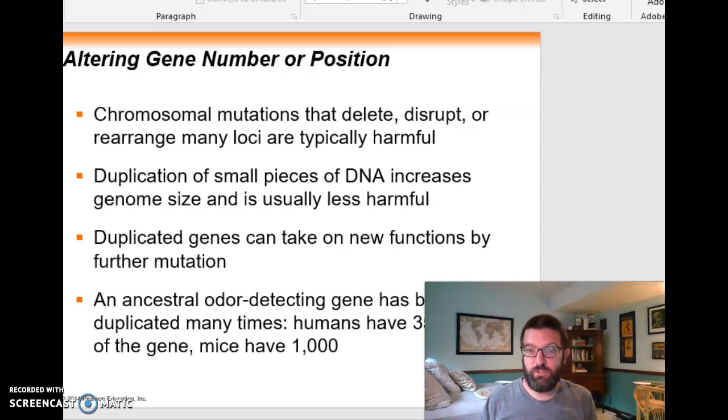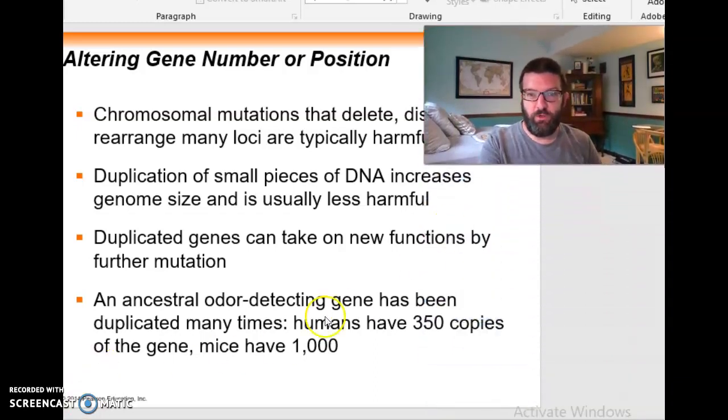In fact, duplicated genes, the duplication of entire genes, which happens pretty often, again, because of the jumping genes that we discussed last semester, can often be neutral or beneficial, and they can take on new functions by further mutation. So there's an ancestral odor detecting gene that has been duplicated a lot of times, right?